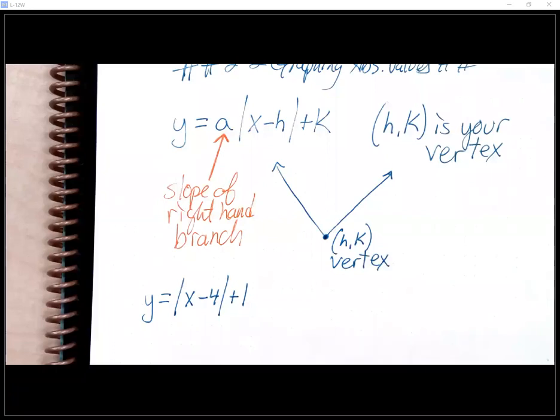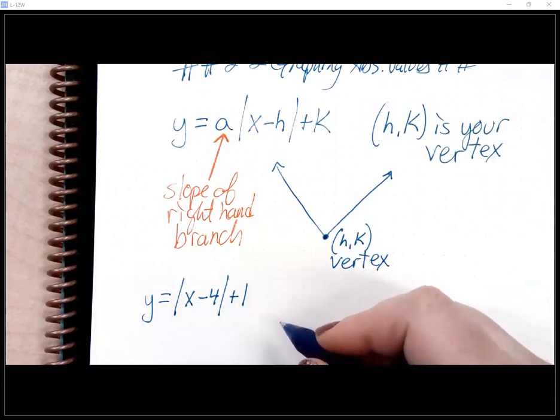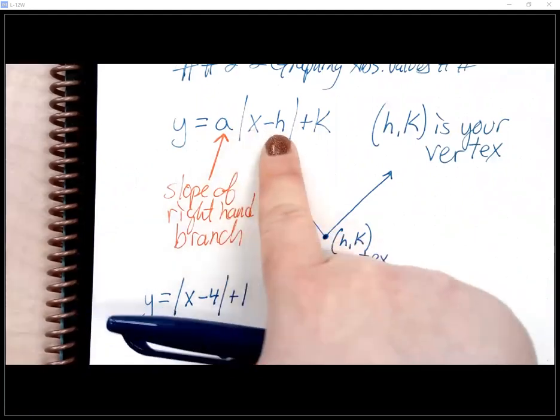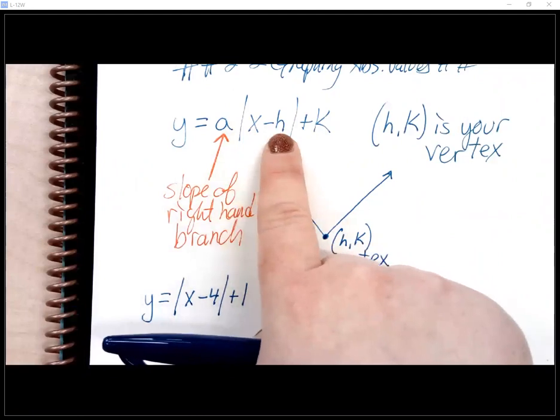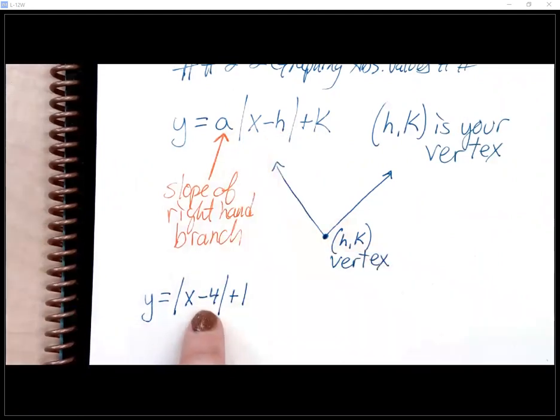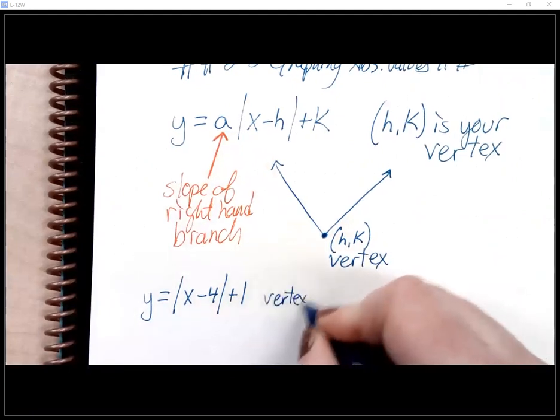What do you think h is? It's 4. It's not negative 4. It's positive 4. Because think about it. If I were to plug 4 in for h right there, wouldn't it look like x minus 4? If you plug in a 4, that means that h is really a positive 4 right there. So the vertex of this thing would be at 4 comma, what's k?